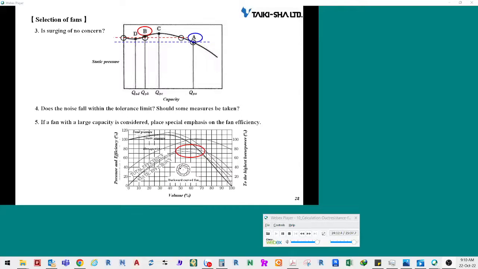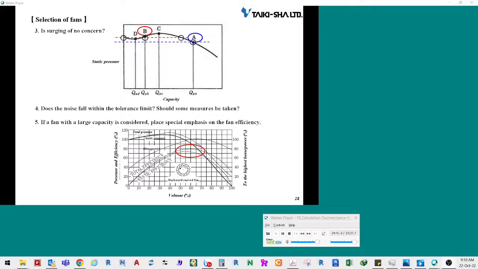4. Does the noise fall within the tolerance limit? Should some measures be taken? If tolerance limits for noise are specified, silence measures are required. When you take measures for silence, you have to take partial measures including installation of silencers as well as comprehensive measures including a duct plan and fan selection.